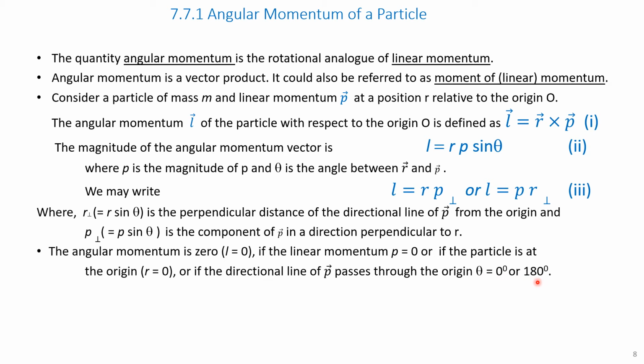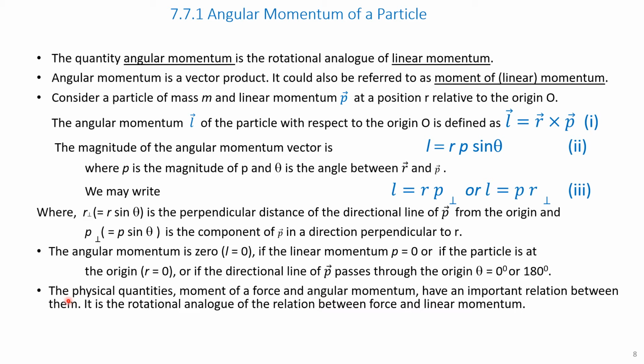That means angular momentum will be 0 because of three conditions: linear momentum p could be 0, or the particle is at the origin, that is r = 0, or the directional line of vector p passes through the origin, θ = 0 or θ = 180 degrees.